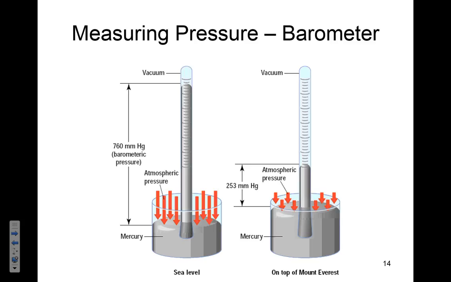We've got a significantly less amount of air above us and around us. So it's going to be at a much, much smaller pressure. So notice on top of Mount Everest, gravity wins and pulls the mercury down significantly lower until they become equal. And on top of Mount Everest, it's only around 253 millimeters of mercury on a typical pressure day. So it's significantly lower in pressure because you're very high up in the air.